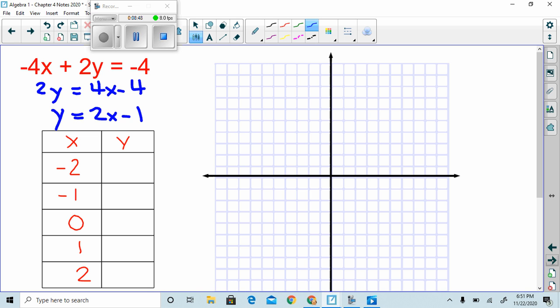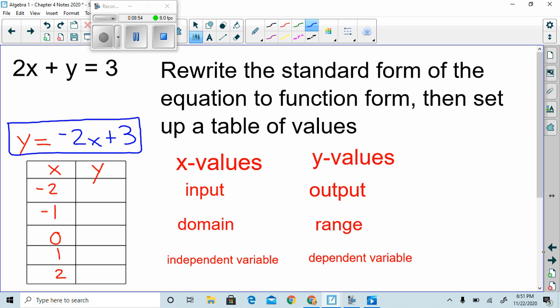So you should be able to complete a function table and graph the points. That's our first mission. I mentioned some of these words before. Here's a third example for you to try, but we want to start by rewriting the standard form of the equation to function form and then set up the table. Most of the time we'll be given domain values.